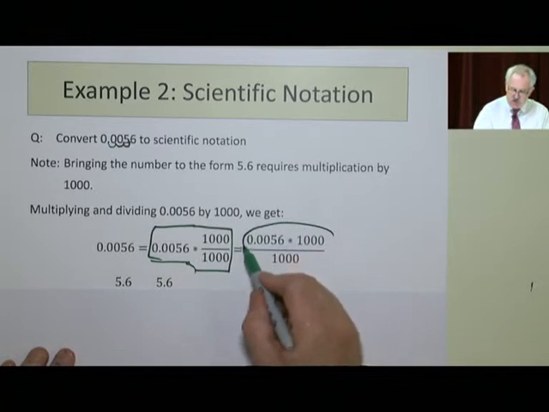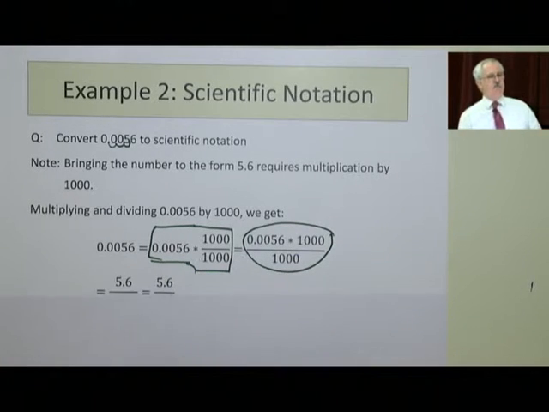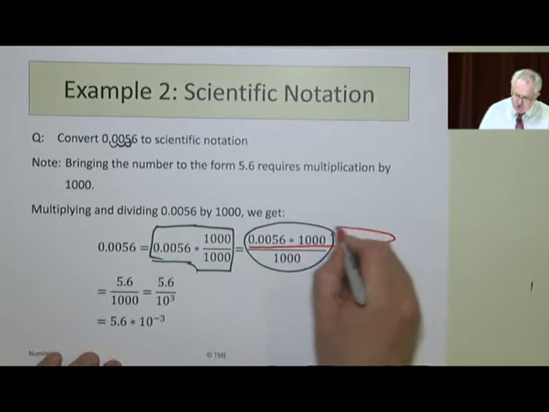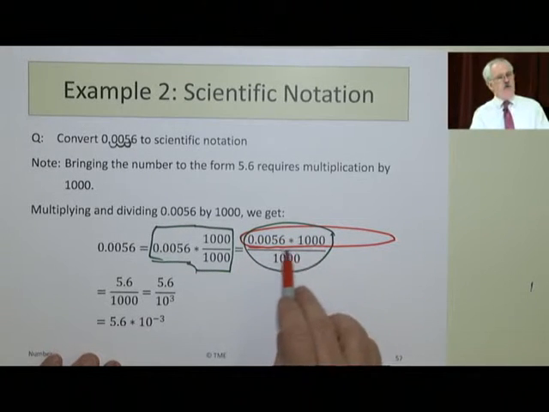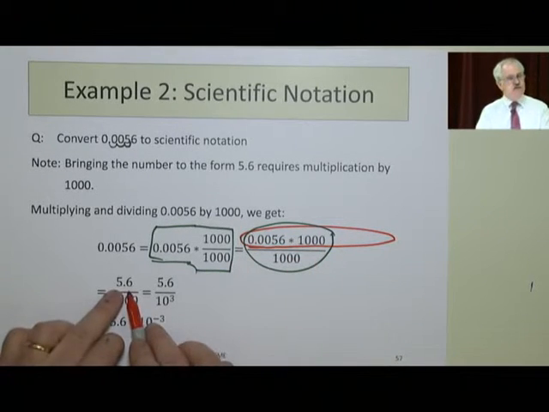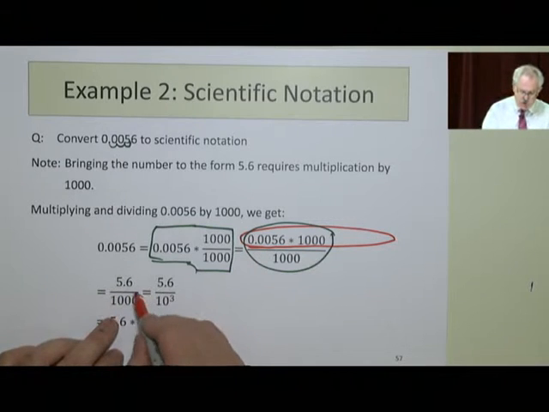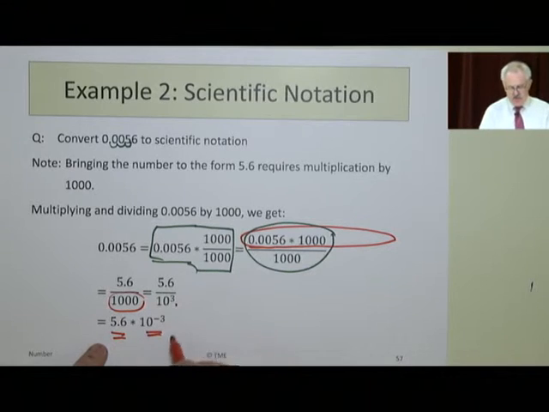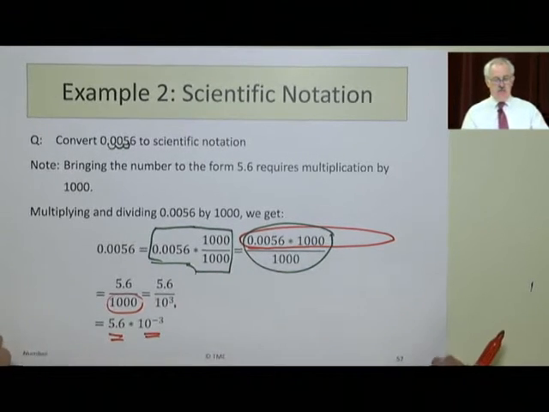On the top, I'm multiplying. On the bottom, I'm dividing. But now if I'm clever about how I allocate which one, if I take the top one and use it for multiplying, I'll just get 5.6. And I'll use the other one then for the 10 to the 3. So 5.6 by 10 to the minus 3, and that's my answer there.